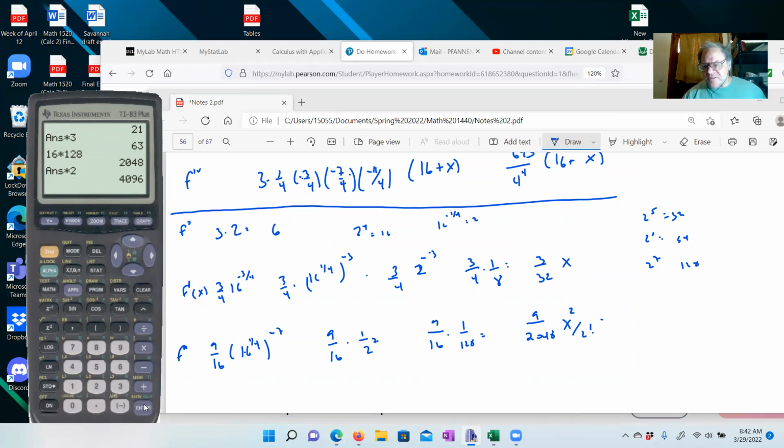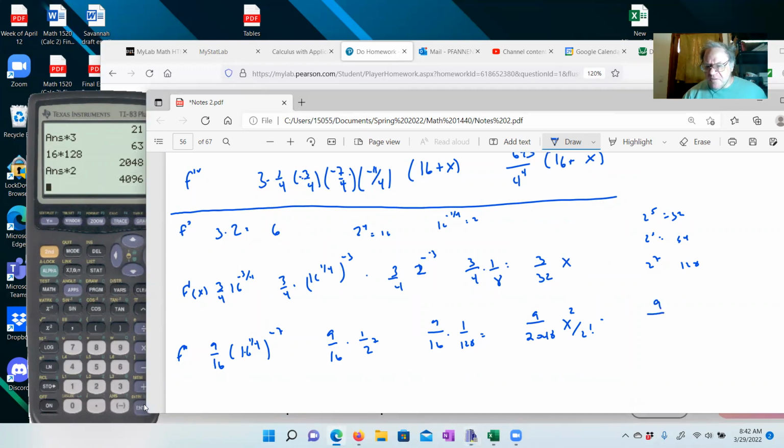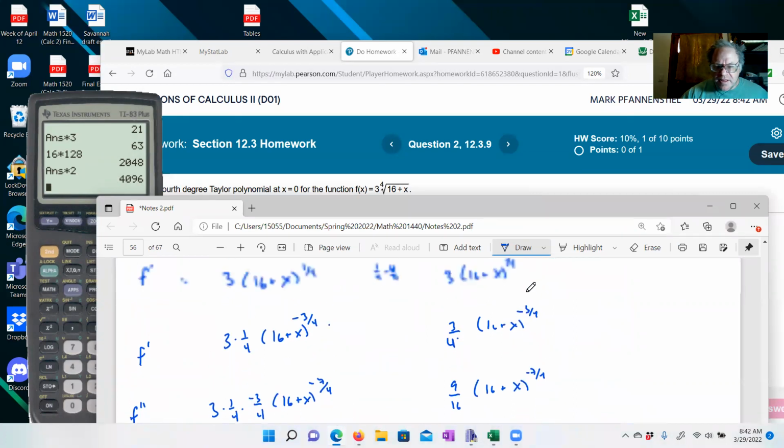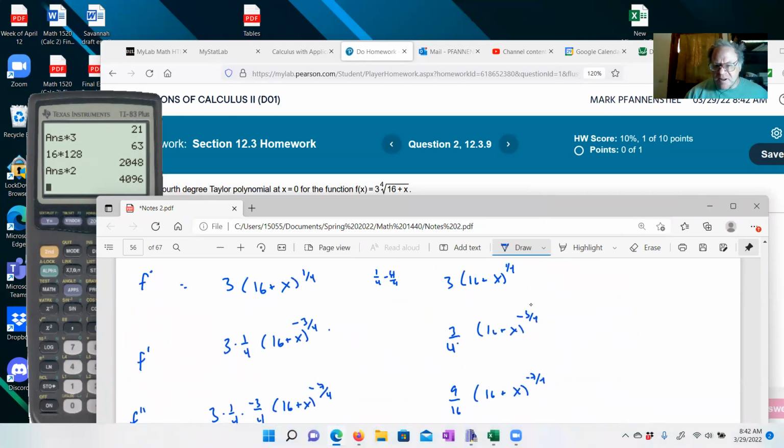That's 4096. So that's going to be 9 over 4096 x squared. This one's negative though, isn't it? Yeah, because this one came down in front. So this was actually going to be a negative.